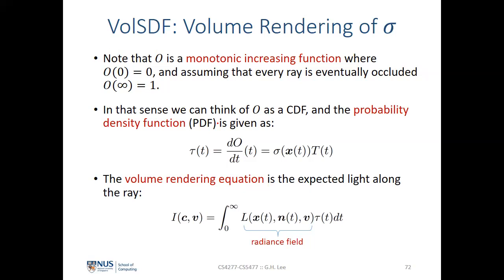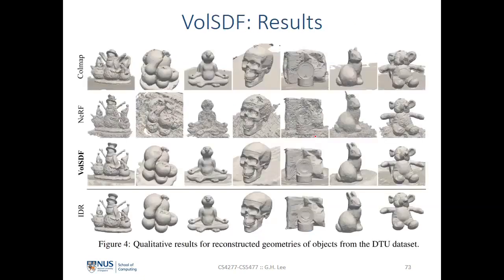This is the color, actually. And what happens here is that your sigma, the inner terms, will be replaced by psi, and then this is a function of your SDF. So everything becomes a function of your SDF now, and it becomes differentiable.